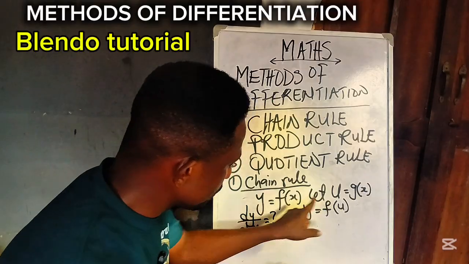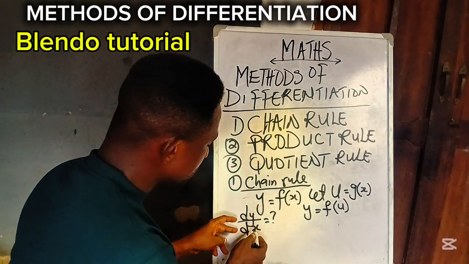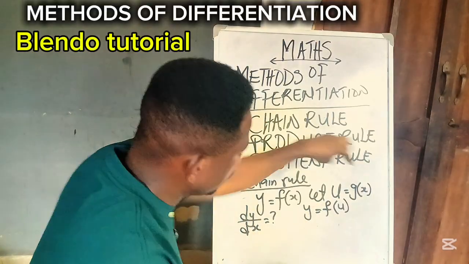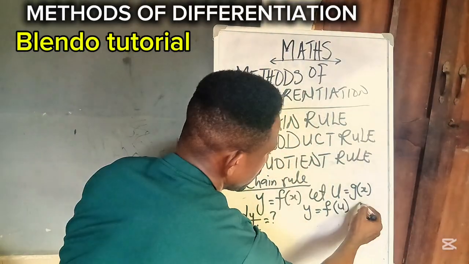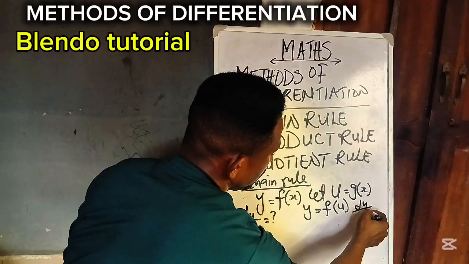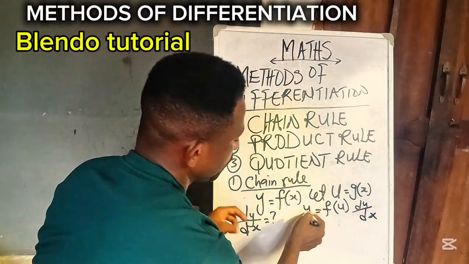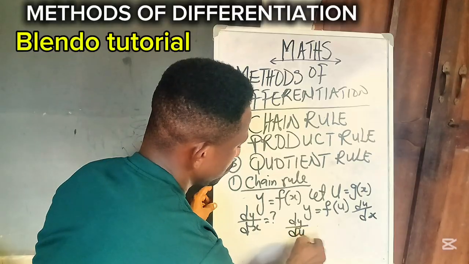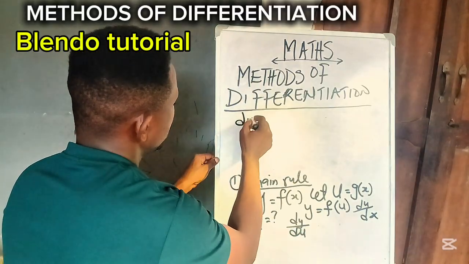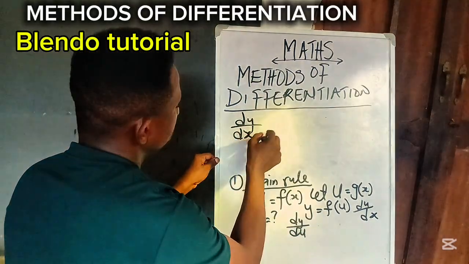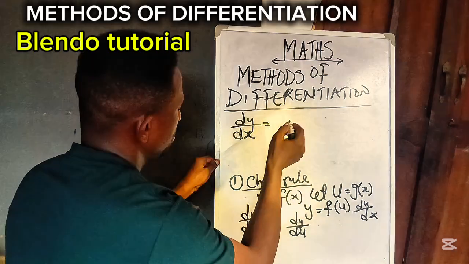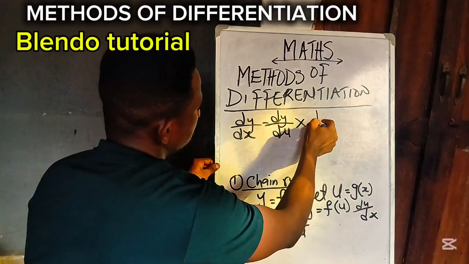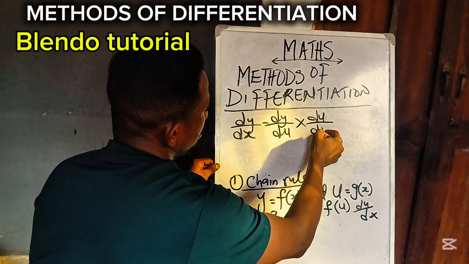Now to get dy dx, we differentiate u with respect to x. Here we have du dx. We differentiate y with respect to u. So chain rule therefore is dy dx is equal to dy du times du dx.